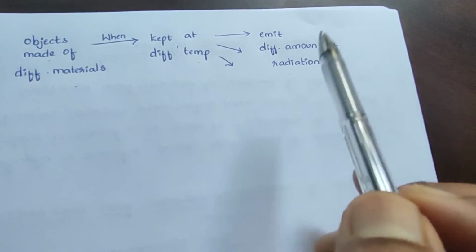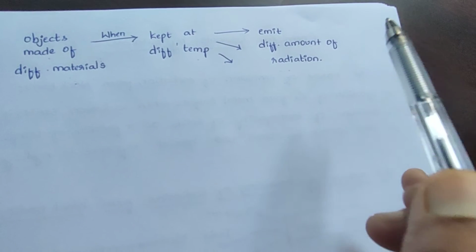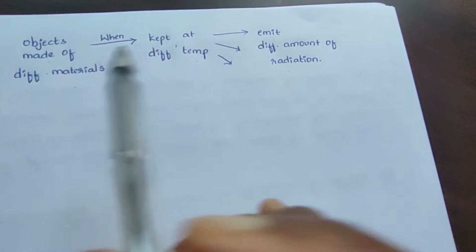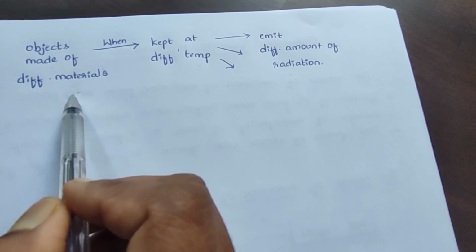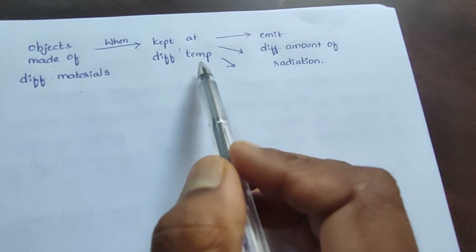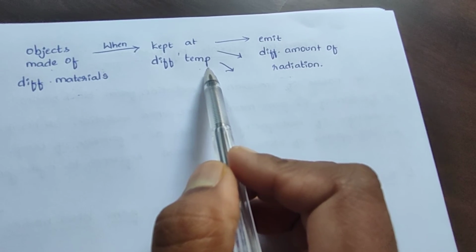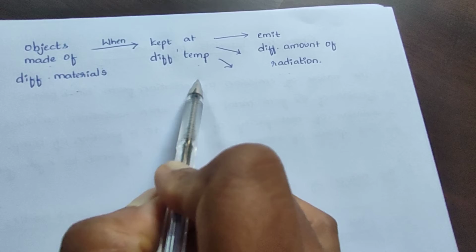That is, there will not be a change in emitted electromagnetic radiations dependent on the nature of the material. It only depends upon the temperature at which the material is placed. Hope you understood this point.